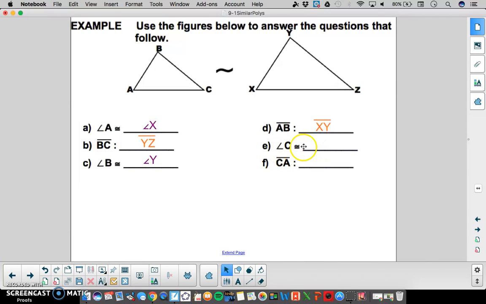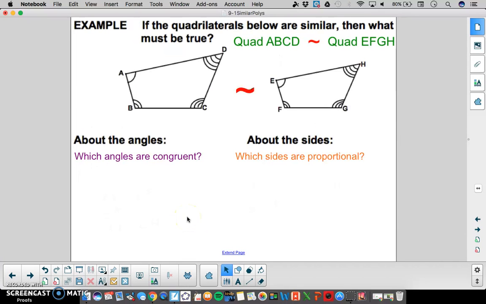Angle C is going to be congruent to angle Z, so angle C corresponds to angle Z in the two triangles. And side CA is going to be proportional to side ZX. So we're just matching up the corresponding pieces.